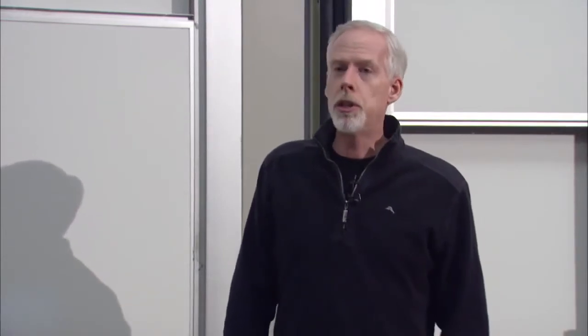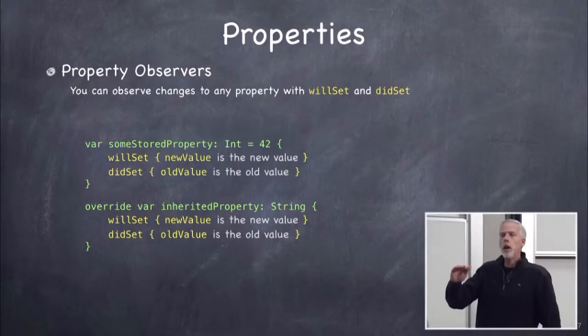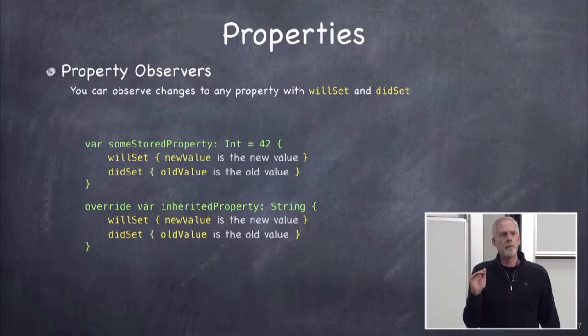Alrighty. Properties. So you know all about properties, right? We saw computed properties like display value in our calculator. There are some really cool features on properties. One of the most interesting ones is property observers. So what is a property observer? A property observer is a little piece of code that will get executed when your property changes. So anytime your property changes, this little piece of code can get executed.